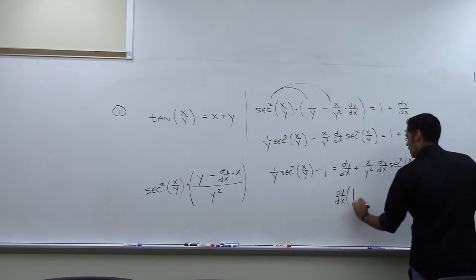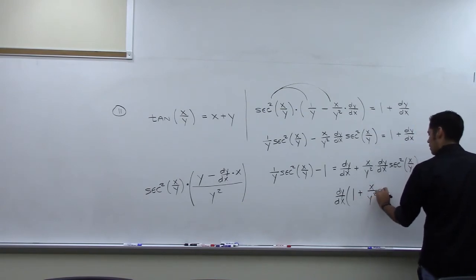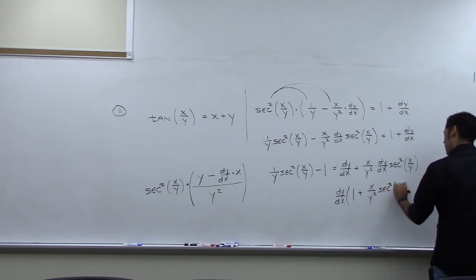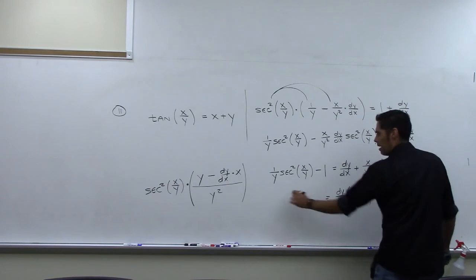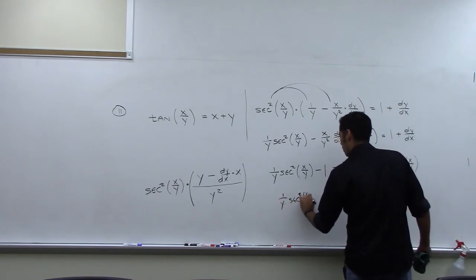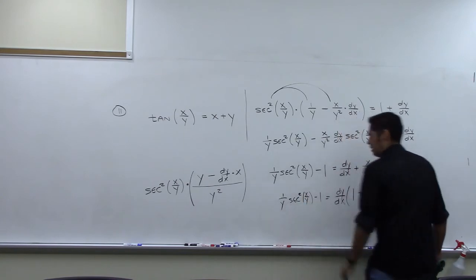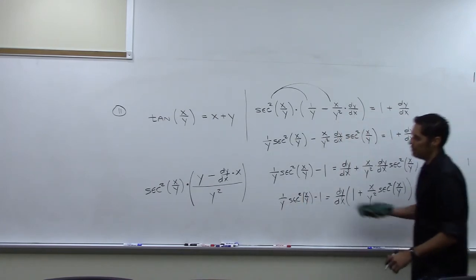I'm going to be left with the 1 here. Then I'm going to have x over y squared secant squared of x over y. And then on the left side, I still have this, 1 over y secant squared x over y minus 1. All right, now just divide this thing through on both sides, and we're there.